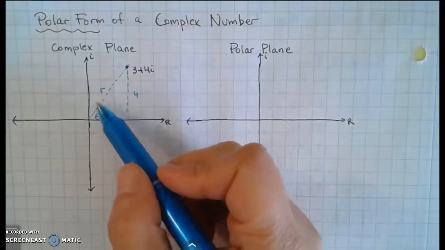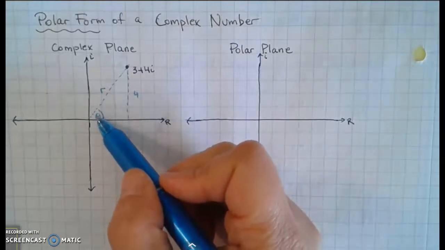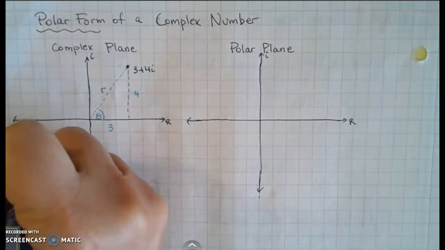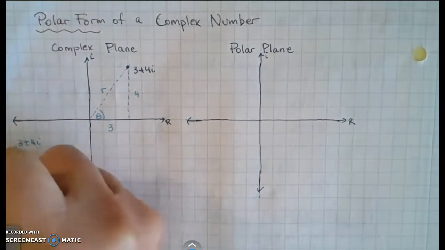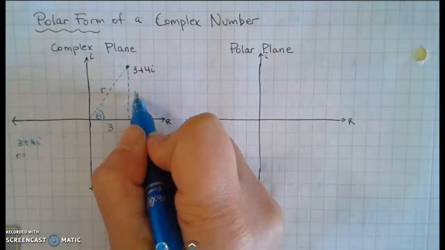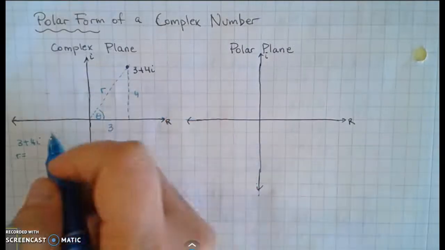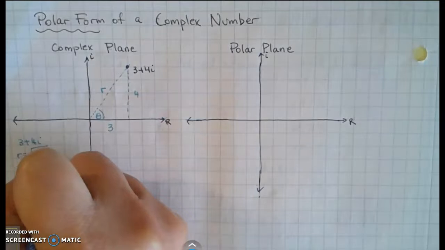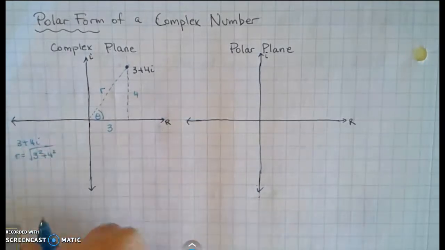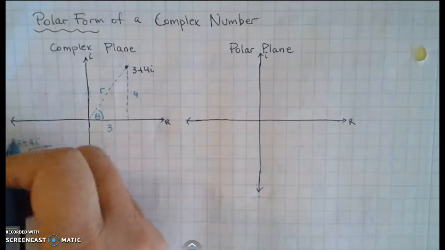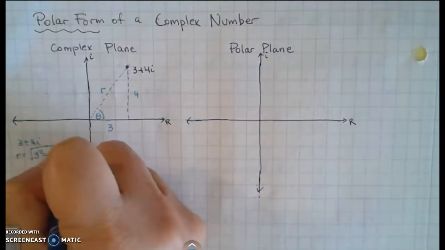Now let's do some calculation to figure out what the r value is and what theta is in this case. For 3 plus 4i, 3 squared plus 4 squared is r squared. So r is the square root of 3 squared plus 4 squared, or you can also say it's the absolute value of the complex number, and that is going to be 5.